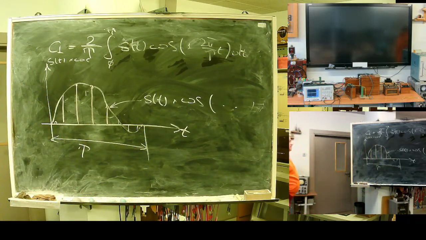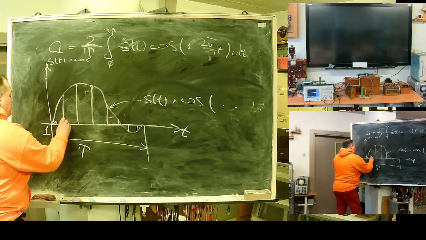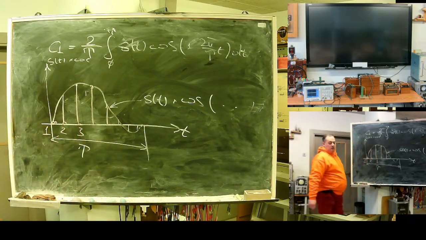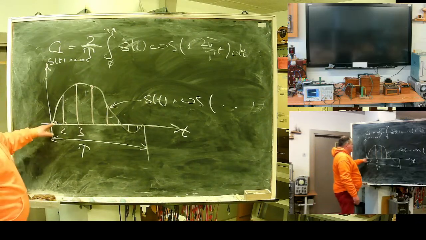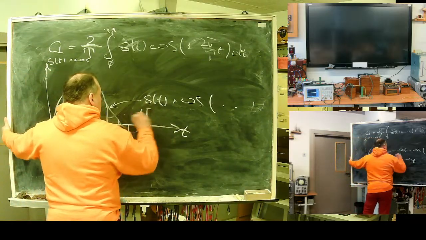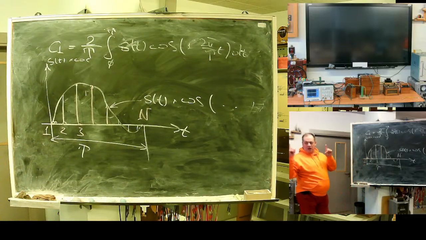I have a table of values at my disposal. Value number 1, number 2, number 3. The true name for them is samples. So I have a set of samples, starting from the first one, up to n, the number of samples within one period of time.